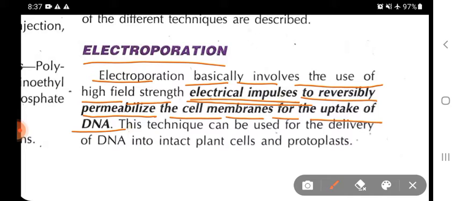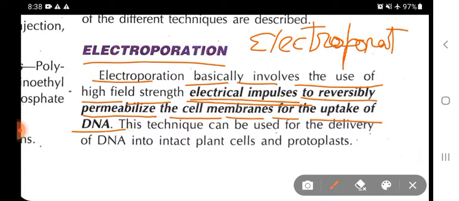So, simple thing: here we use an instrument called an electroporator. This electroporator can be used precisely in a very sensitive way.